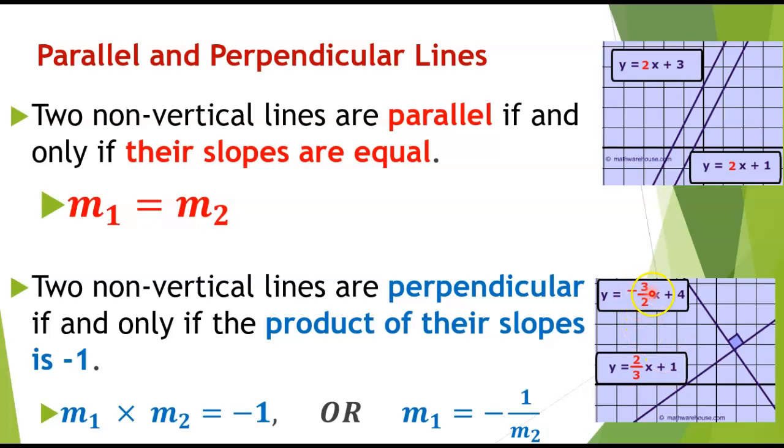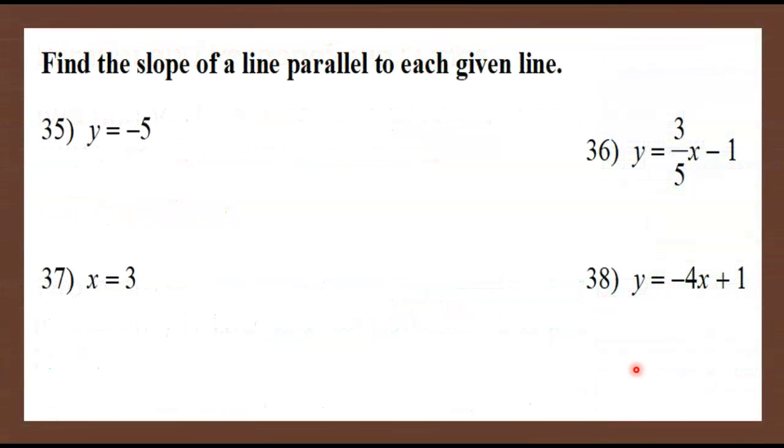So they are opposite reciprocals. If you have -3/2, then this would be +3/2, and then you flip it, the reciprocal, it becomes +2/3. So they are opposite reciprocals of each other, if that helps you to think of it that way.